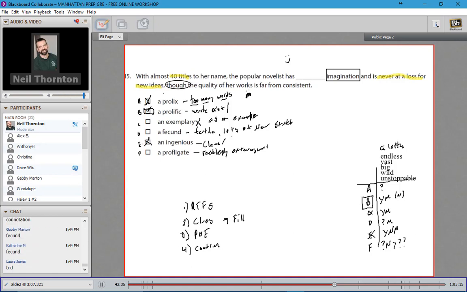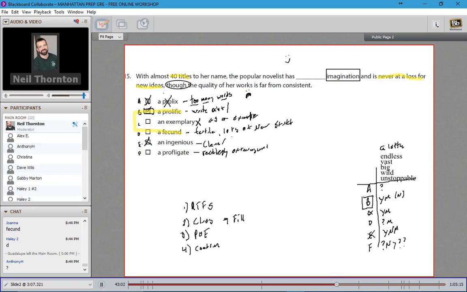does match our, all right, so B and D. All right. What's really, really interesting about this one, by the way, is note how prolix doesn't have any match at all. There's no match to it.